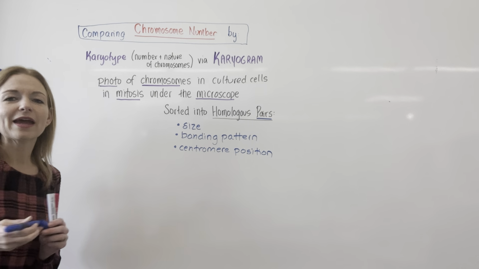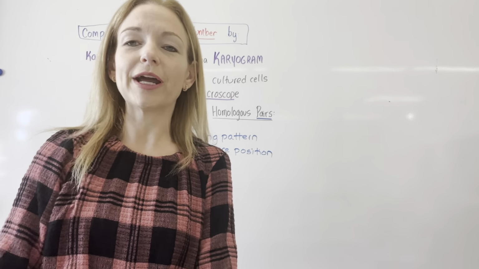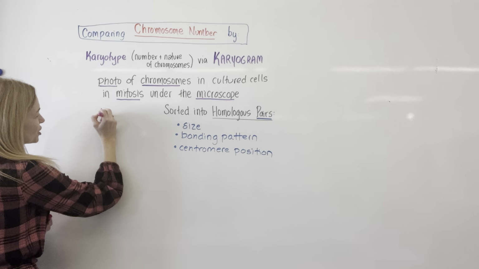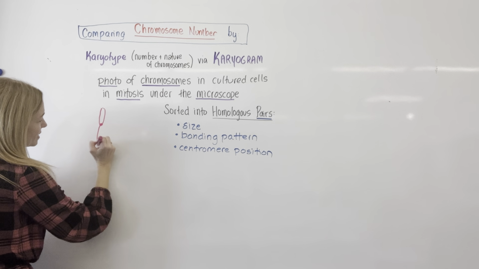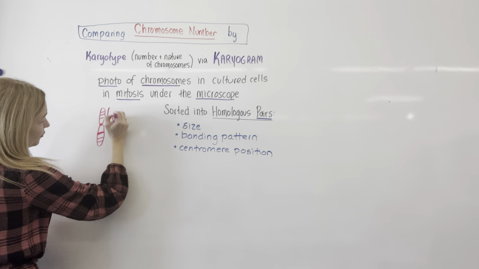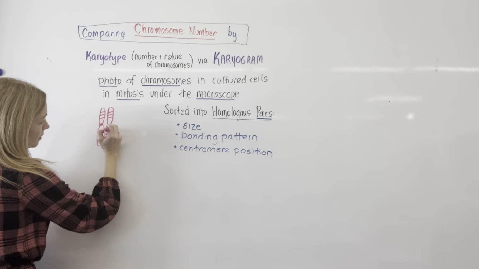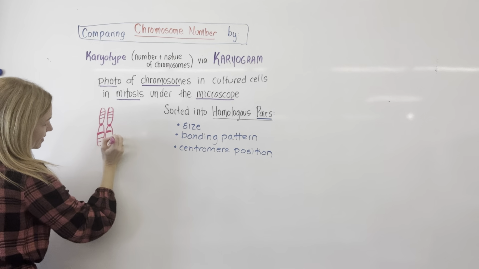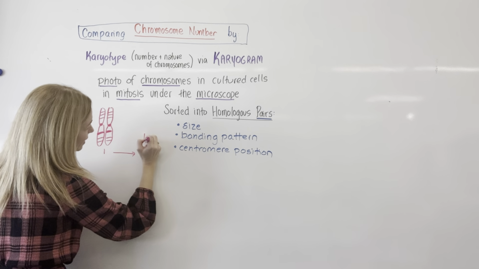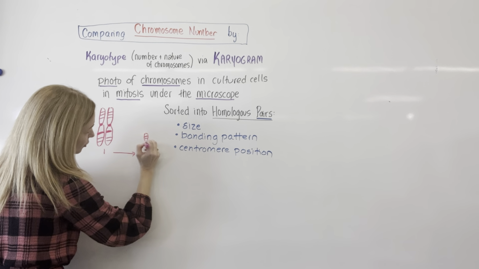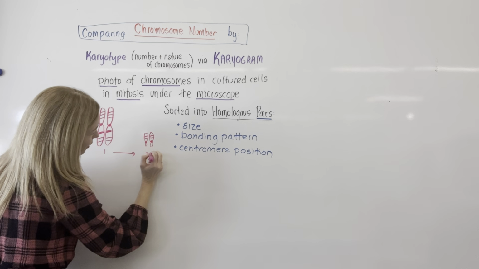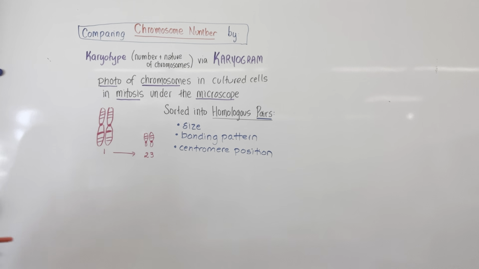And then when they are presented in a karyogram, the karyogram that tells you the karyotype, they're generally organized from largest to smallest. So what you might see is that these two are obviously homologous pairs because they're the same size, so that might be pair 1, and then that's going to go all the way down to what might look more like that, and that might be like pair 22.